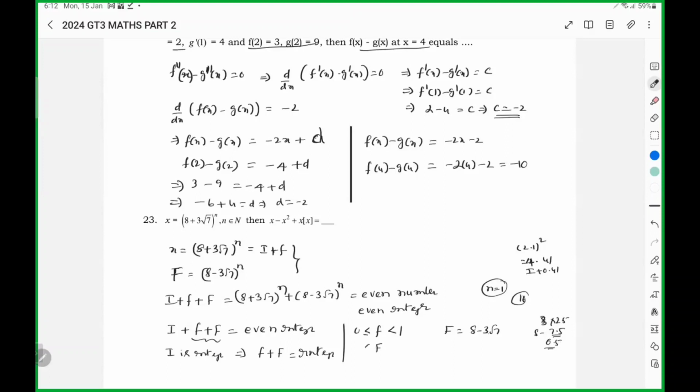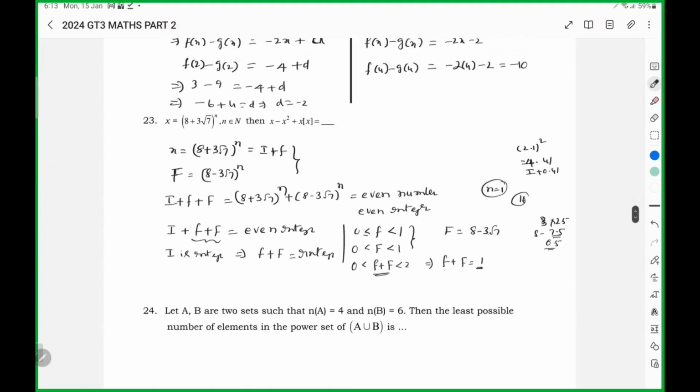So that also lies between 0 and 1. So in fact, strictly 0 less than f plus capital F less than 2. The only integer between 0 and 2 is 1. That is 1. From here, f is 1 minus capital F.